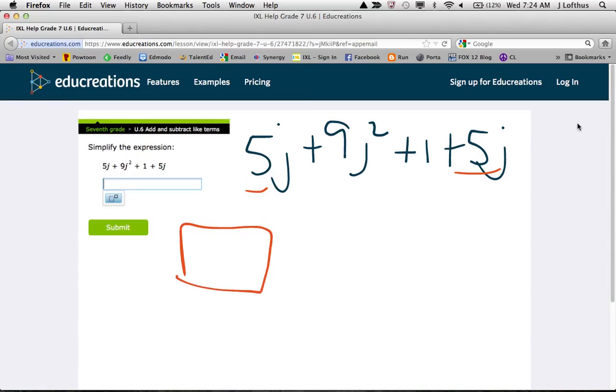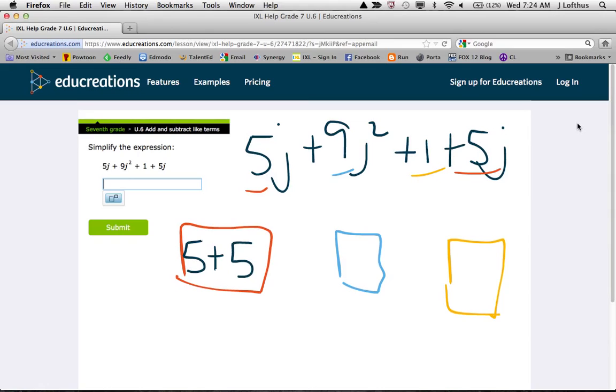One for the j, one for j squared, and then another for the constant. Constant is not going to change, and we have nothing to combine it with. So 5 plus 5, j, plus 9, j squared, plus 1.